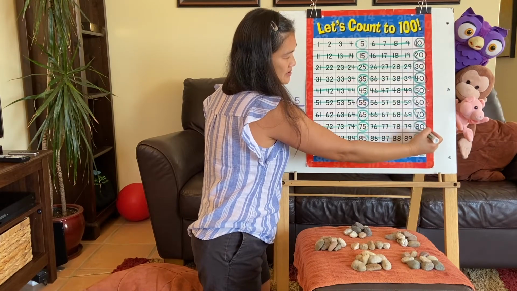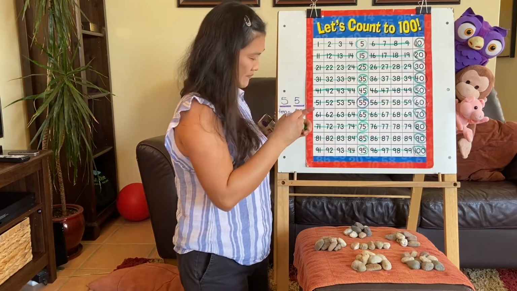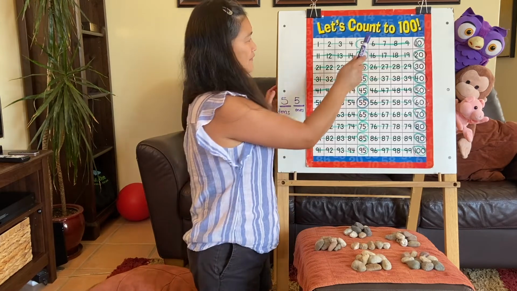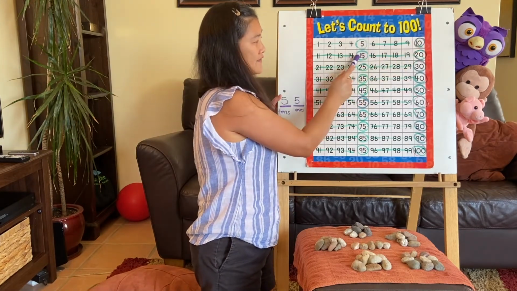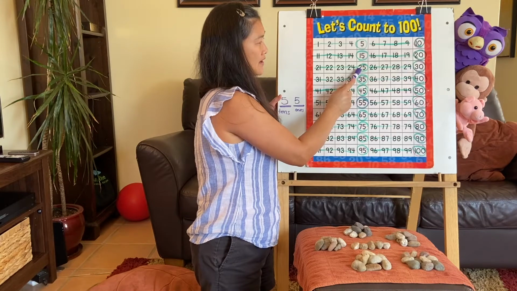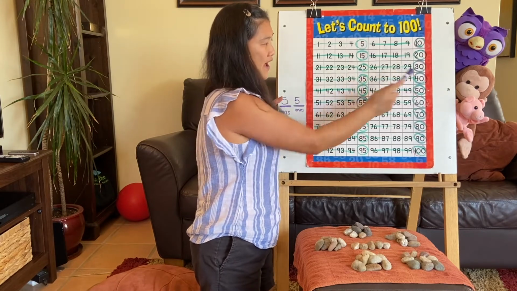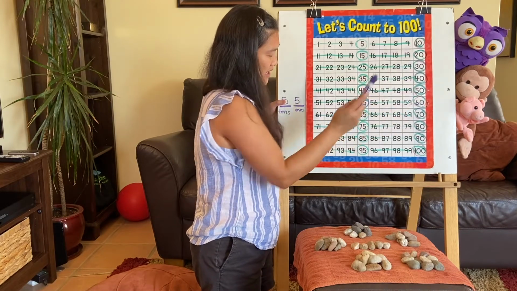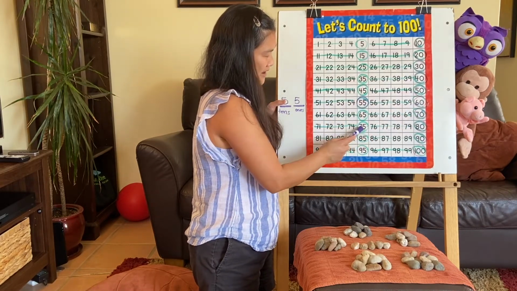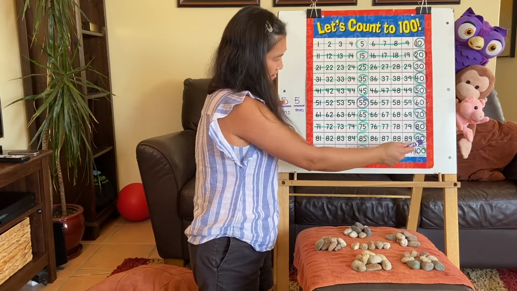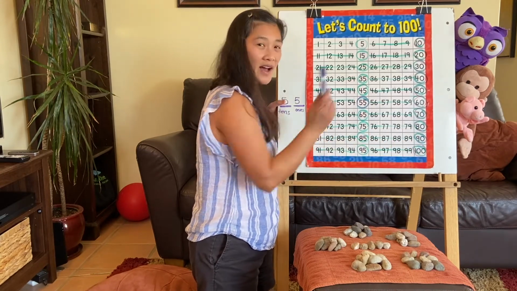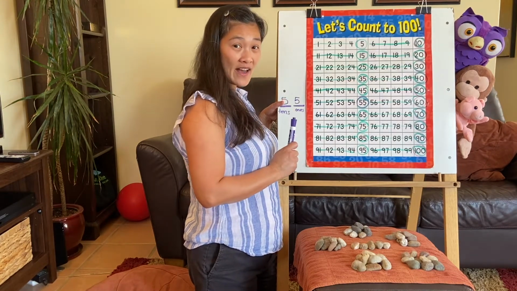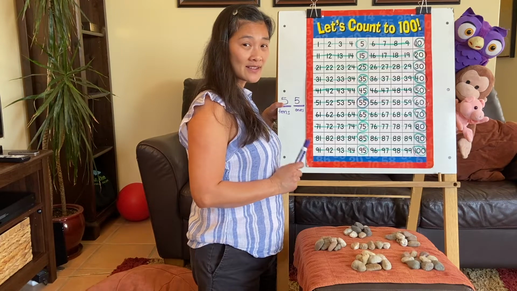So if I were to skip count by 5, it would sound like this. 5, 10, 15, 20, 25, 30, 35, 40, 45, 50, 55, 60, 65, 70, 75, 80, 85, 90, 95, 100. Do you like to help me skip count by 5? I'm going to do it slowly. Ready? Take a nice deep breath.